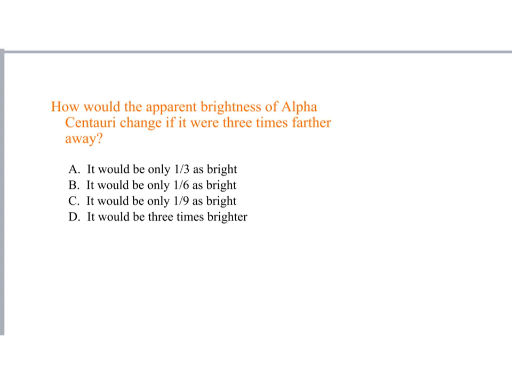So say by magic that star Alpha Centauri would be 3 times further away. So we have the new distance is 3 times the old distance. What's going to happen? What would happen with its apparent brightness?